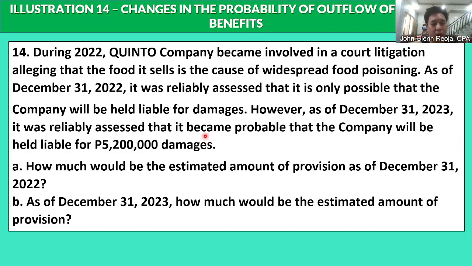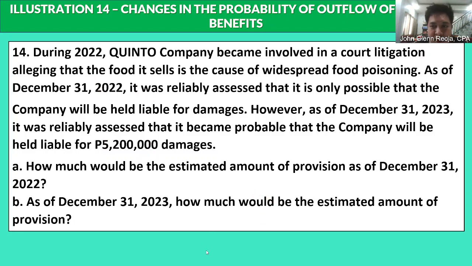So, dapat sa financial statements as of December 31, 2022, dapat may mag-a-appear na liability account. That is provision. Sir, as of December 31, 2022, possible lang man. Hindi nga. Kasi may better information na. So, we need to revise our estimates. Magre-retroact yan. So, this 5.2 must appear on the financial statements as of December 31, 2022.